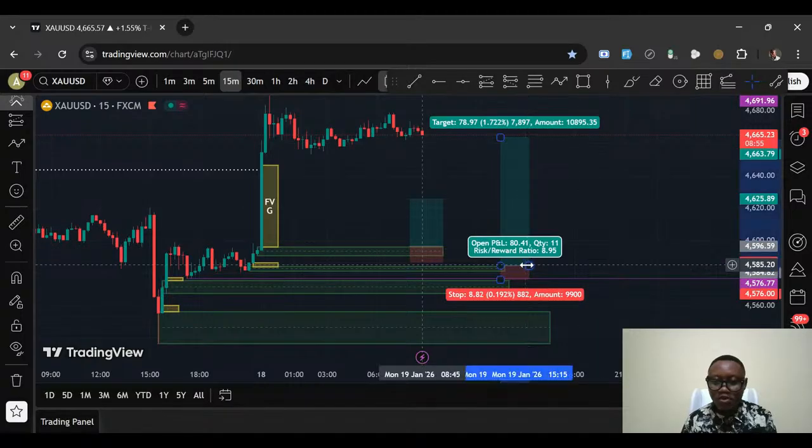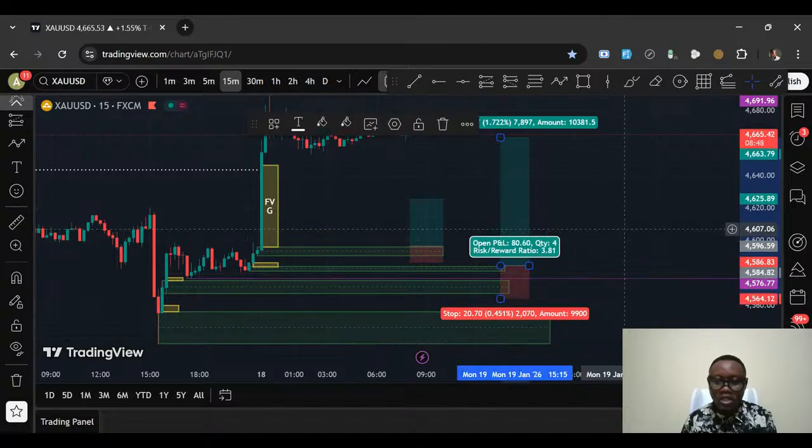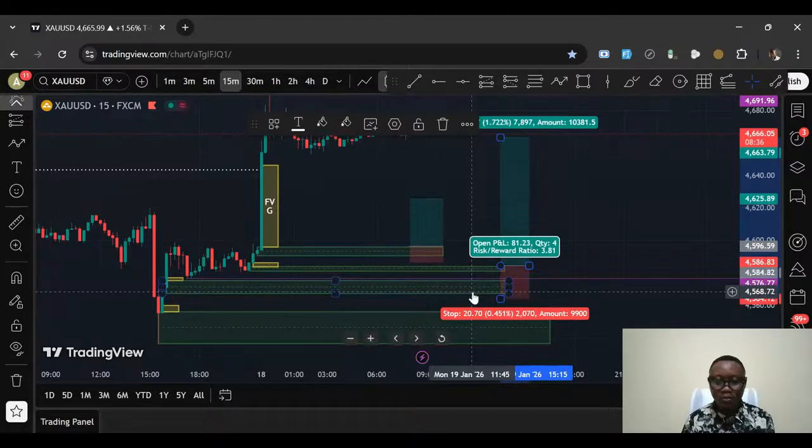So my SL will be somewhere around here. Now, worst case scenario, if price invalidates this zone, this other zone might likely hold. And that is why I'm placing my SL slightly below this zone.